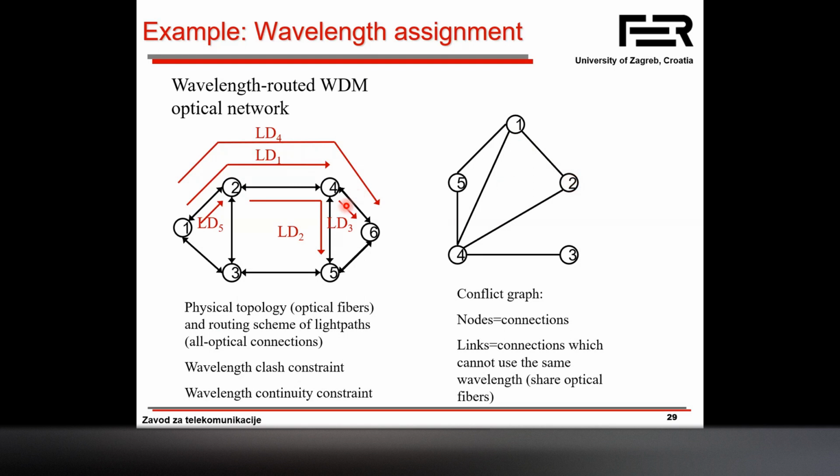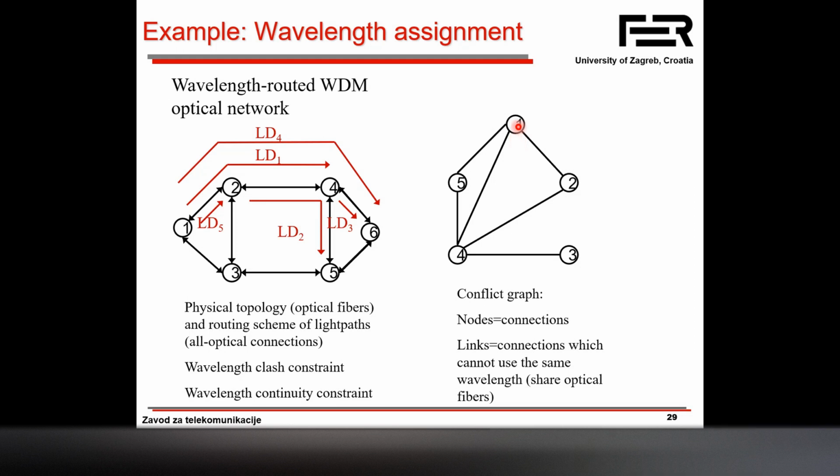Light path demands 2, this arrow over here, and 4 also overlap along this physical link between nodes 2 and 4. So they are also connected, and so on. So we've now created this conflict graph where, as I said, the different light path demands are shown as nodes and the edges represent those connections that cannot use the same wavelength.